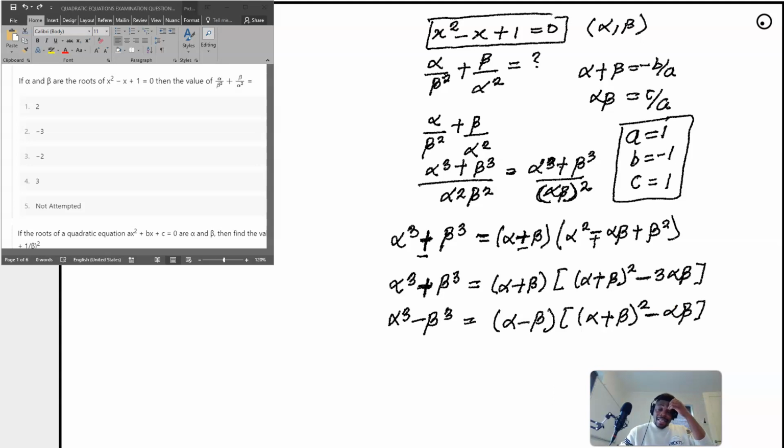So in this case we have plus, and we can quickly get alpha cubed plus beta cubed.